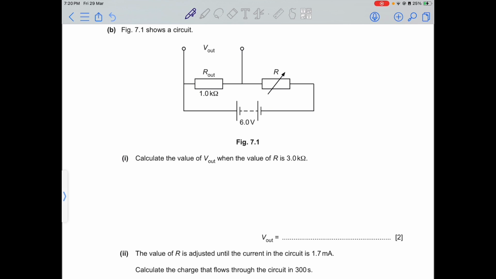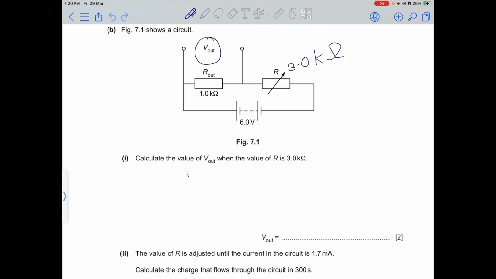So you are given two resistors. Find the value of V out when the resistor value is 3 kilo, yeah, here 3000 ohms. Now the concept is that this voltage will be shared in proportion to the resistances. So the larger resistor will get more of the voltage, and the smaller one less.